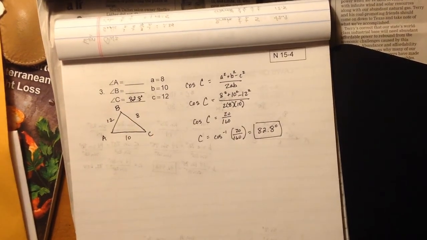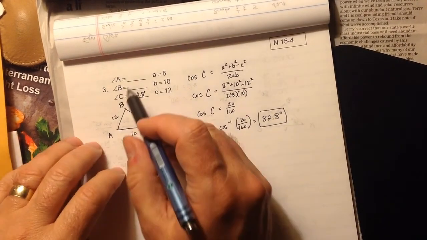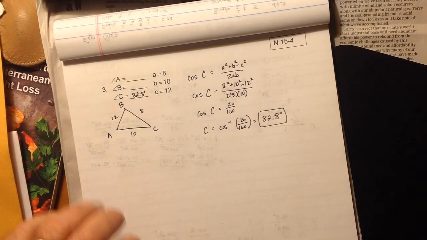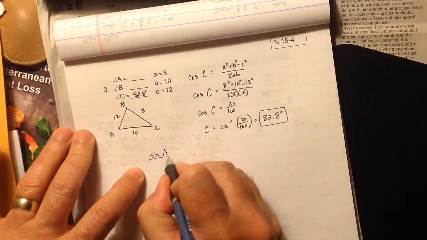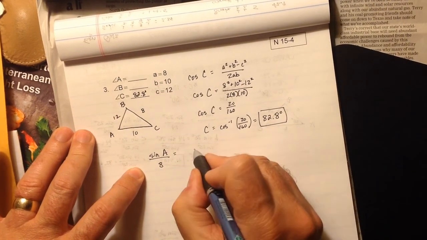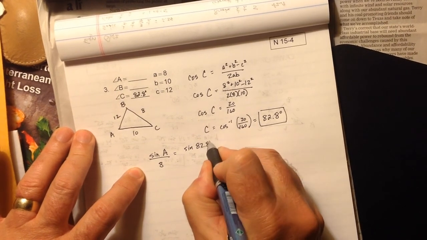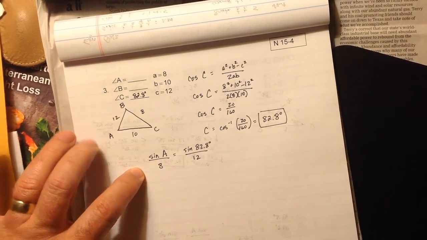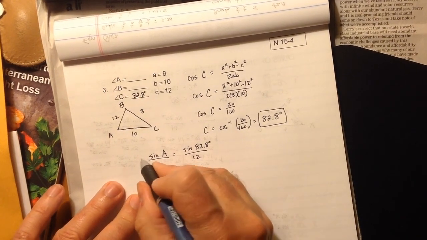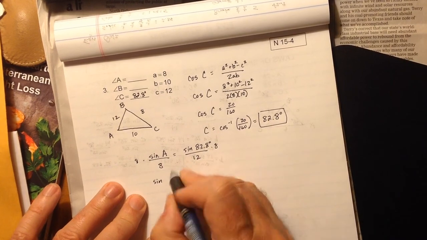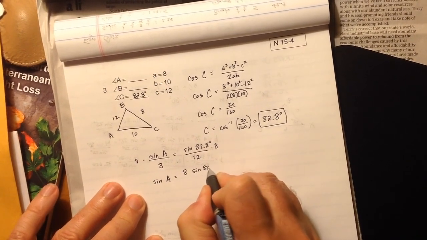82.8 degrees. And now I do have an angle side pair, since I know C. It doesn't really matter which of these other two I do. Let's just do A. So sine of A over 8 is equal to sine of 82.8 degrees over 12. If I multiply both sides times 8 here, I get sine of A equals 8 sine 82.8, over 12.